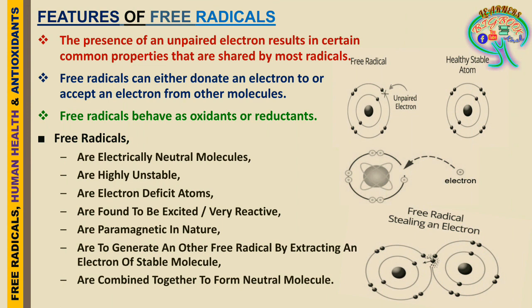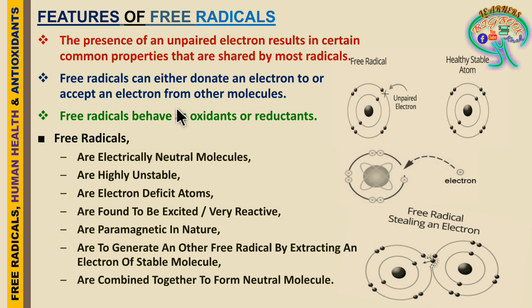Now further, features of free radicals. The presence of an unpaired electron results in certain common properties that are shared by most radicals. A free radical has an unpaired electron, and these features stand common for all kinds of free radicals.